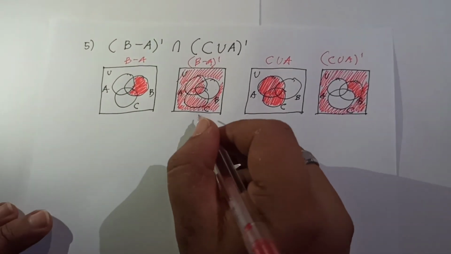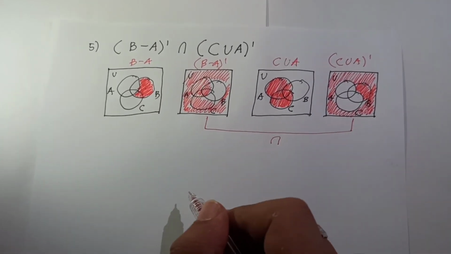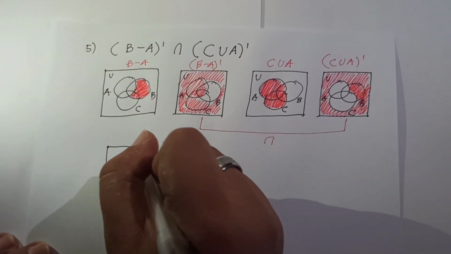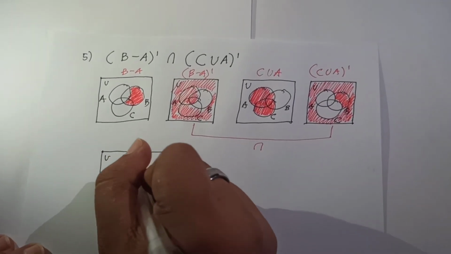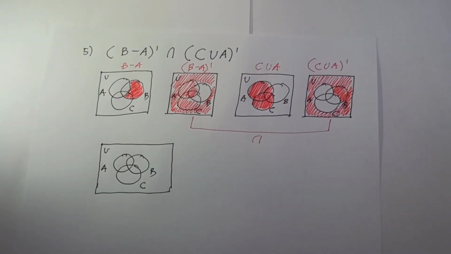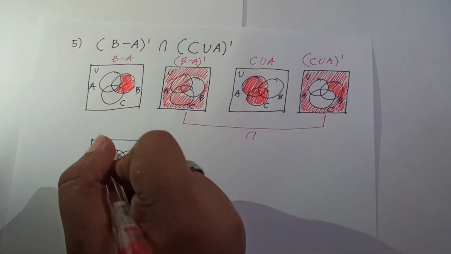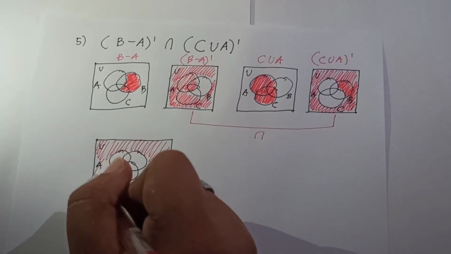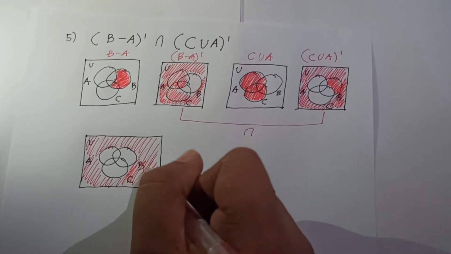Next, we are going to take the intersection between these two. So we need to get the intersection. A, B, and C. If we're going to look at it, of course, the intersection is the shaded part included in both of the sets. So first, this is the intersection. Okay.